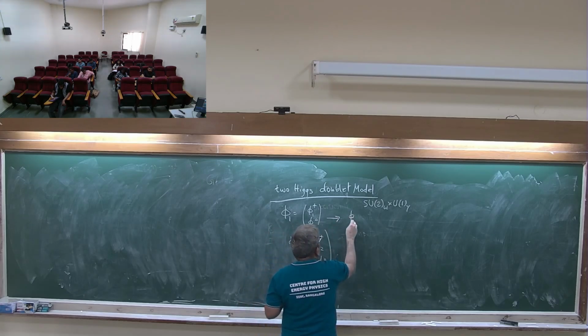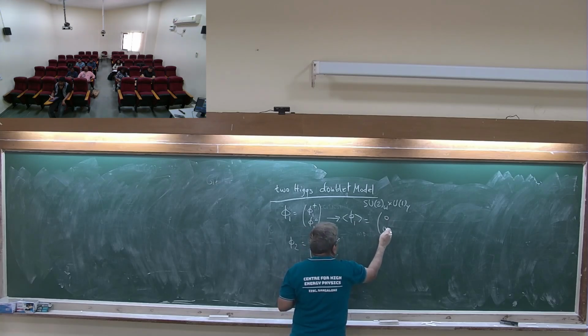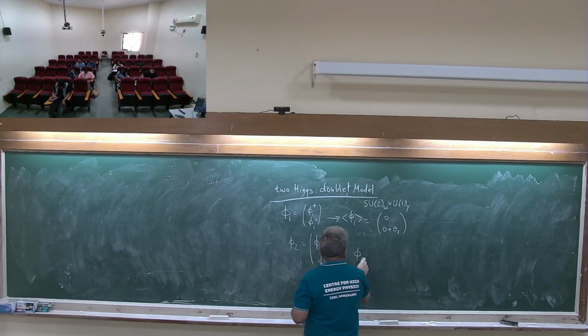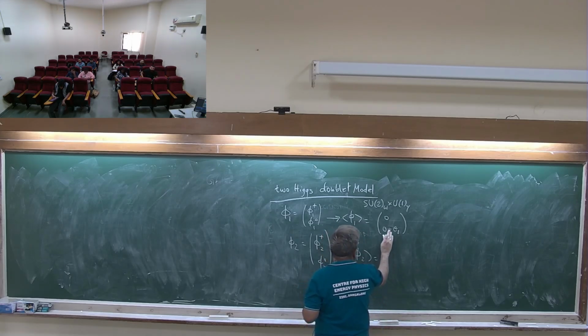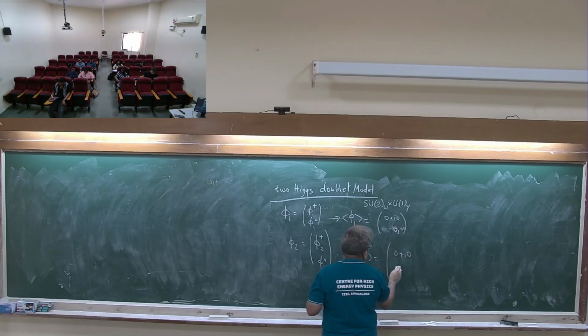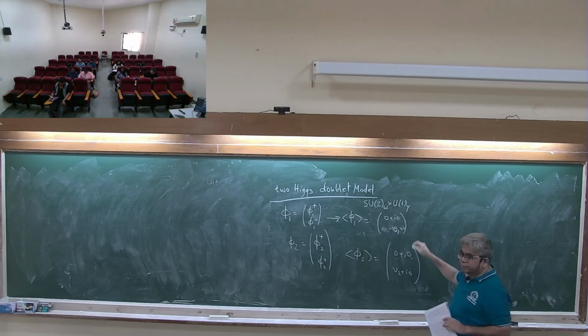So that means phi 1 in vacuum, phi 2 in vacuum. So these are your Goldstone bosons. Okay, there are various Goldstone bosons.